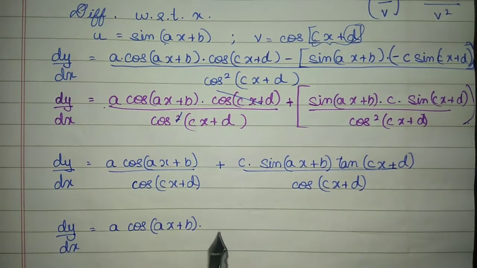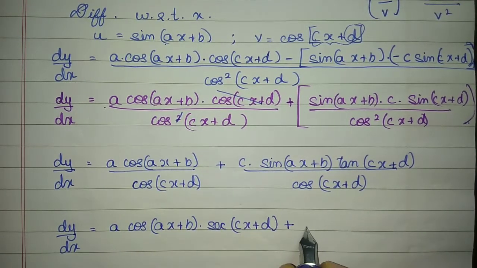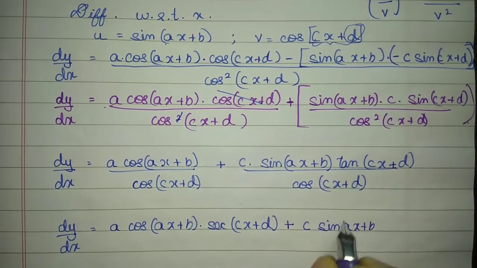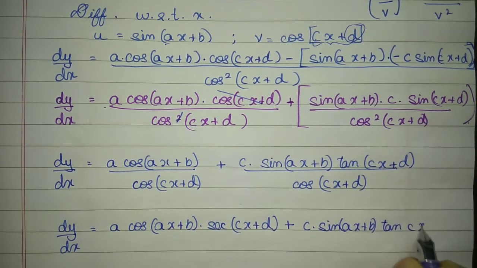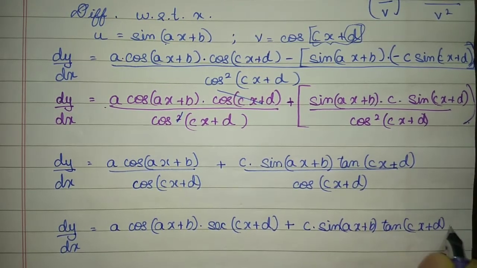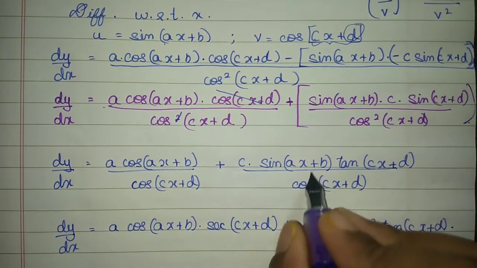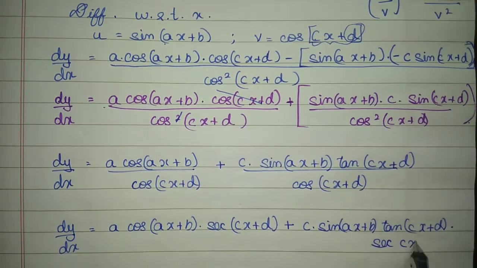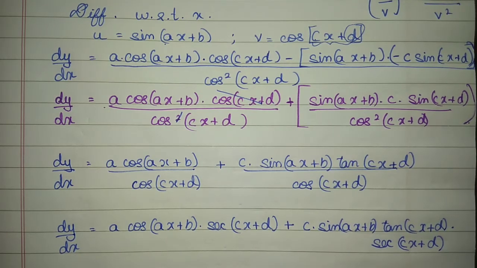So 1 by cos is sec, so secant cx plus d, plus c sin ax plus b into tan cx plus d into, I don't have place here, so let me write it down. So 1 by cos is sec, so secant cx plus d. So this is my answer.